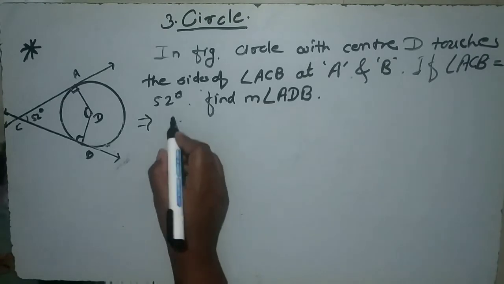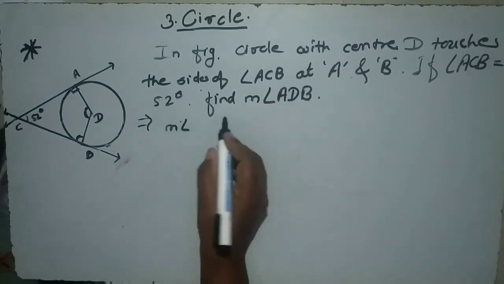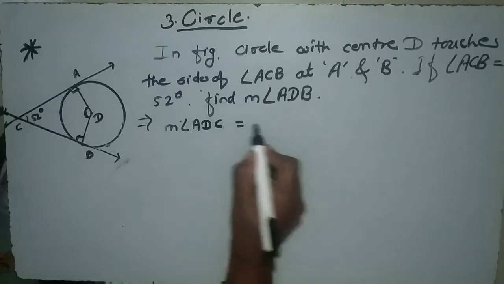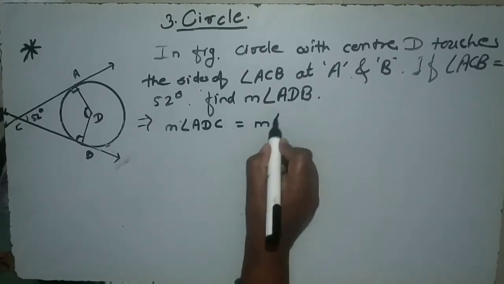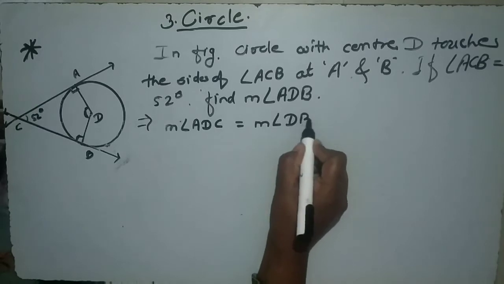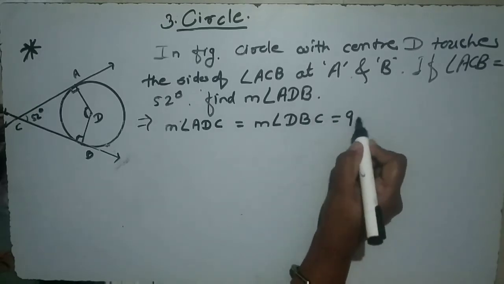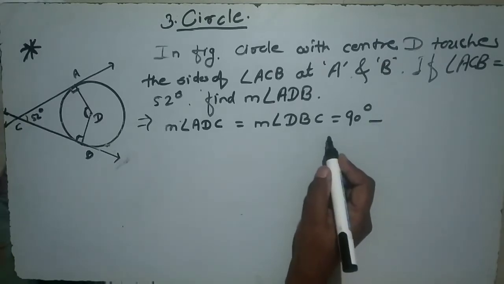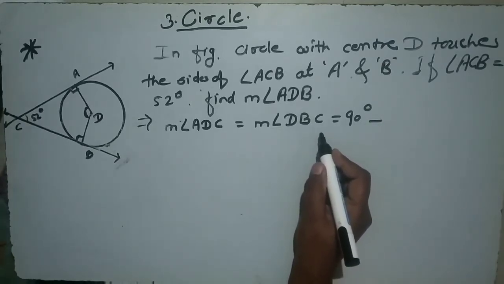So first of all, we write here: measure of angle DAC equals measure of angle DBC equals 90 degrees. And what is the reason behind it? It is the tangent theorem.